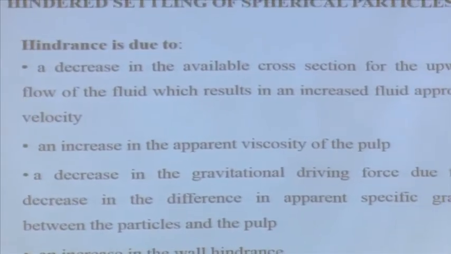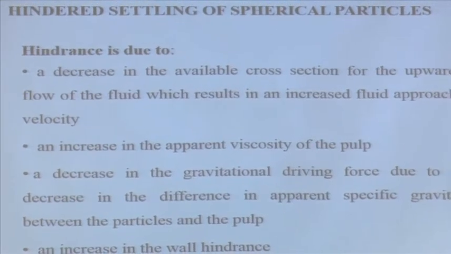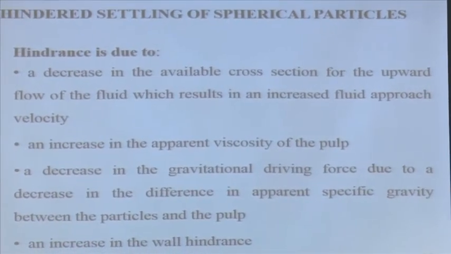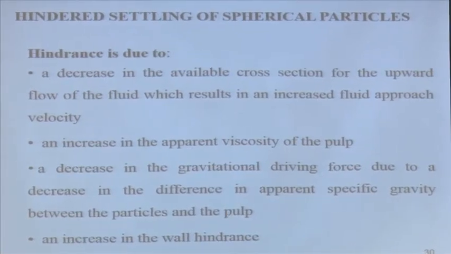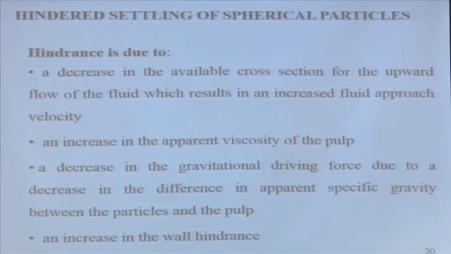Then an increase in the apparent viscosity of the pulp. Pulp means it is the mixture, it is the suspension. We use this term pulp, sometimes we call it slurry. Okay. So there is some difference in that, but just for understanding purposes, it is the solid-liquid mixture. So what will happen? The apparent viscosity, that means resistance to flow, will be there in the entire thing.